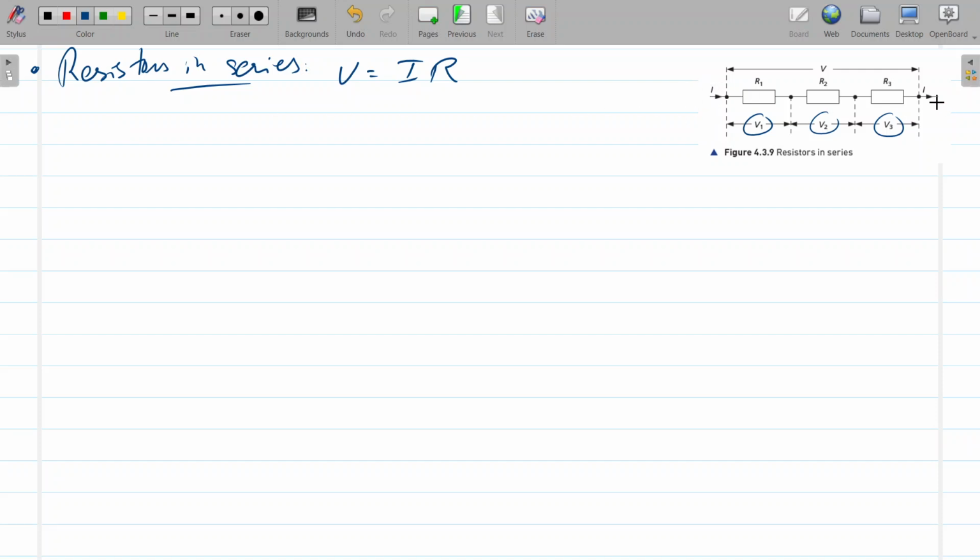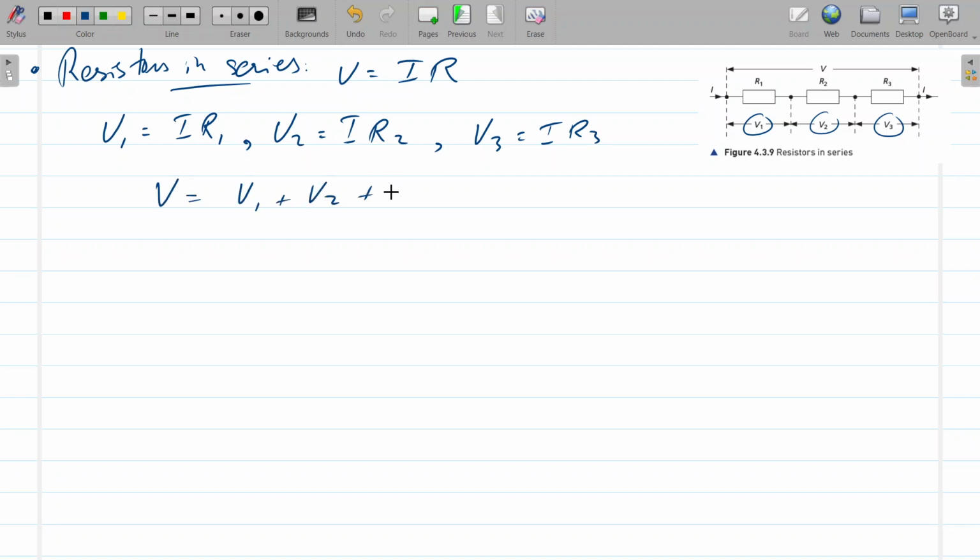Remember that, current is not changing in series. The voltage is changing. So V1 equals I and whatever the resistance is, R1. And V2 equals I and R2, and V3 equals I and R3. And so V equals V1 plus V2 plus V3. So we substitute all of that.